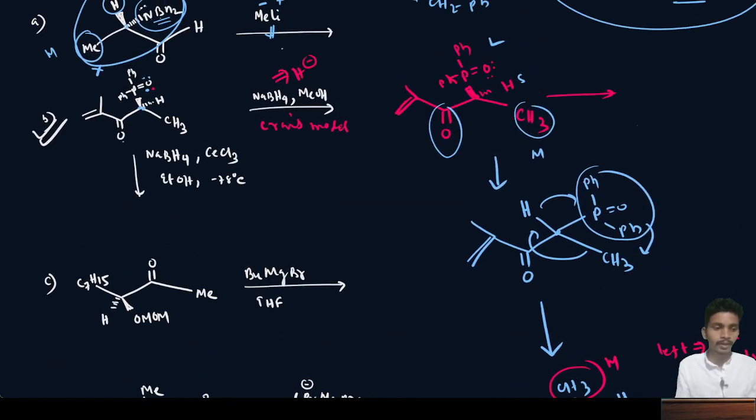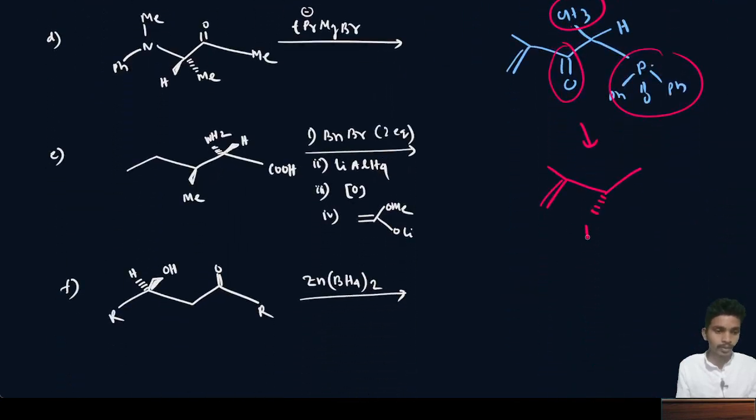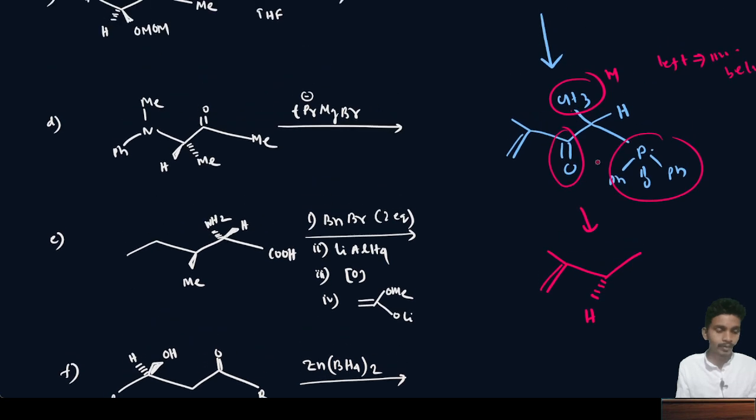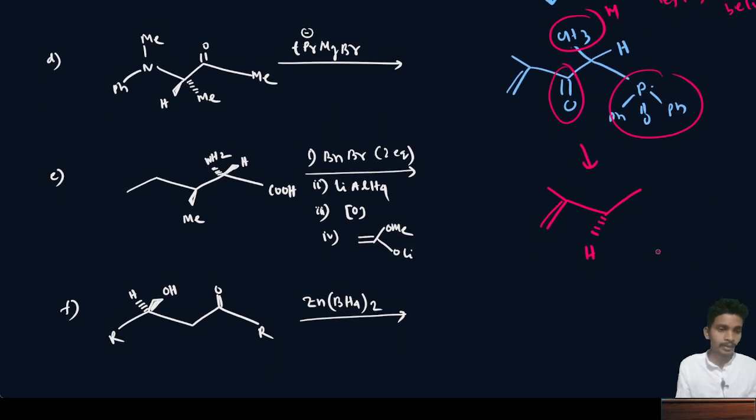So H will attack this side because the medium group is on the left side, and this OH will become the right side.